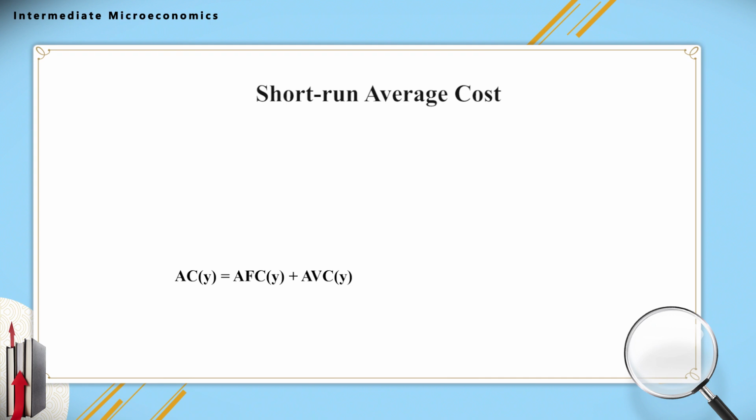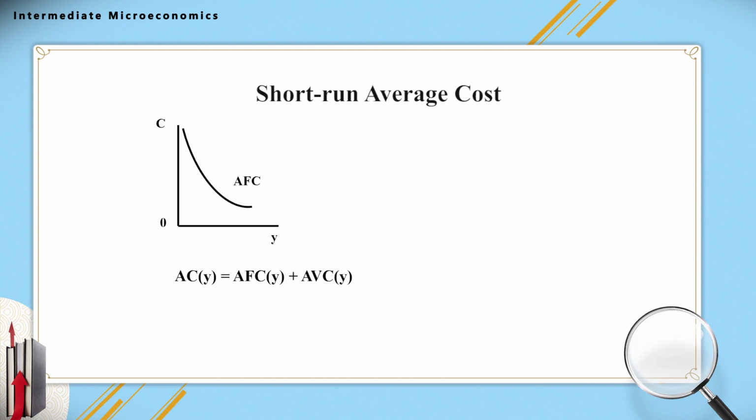Since the short-run average cost is composed of two parts, the average fixed cost and the average variable cost, let's first look at these two parts. Since the fixed cost is always the same, the average fixed cost will inevitably decrease as the output increases.